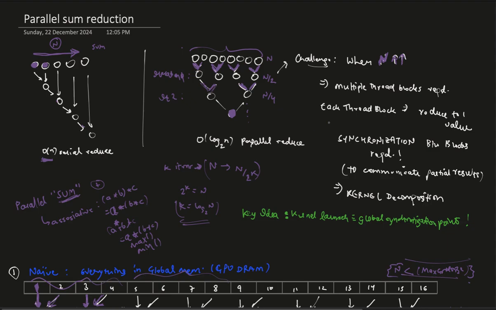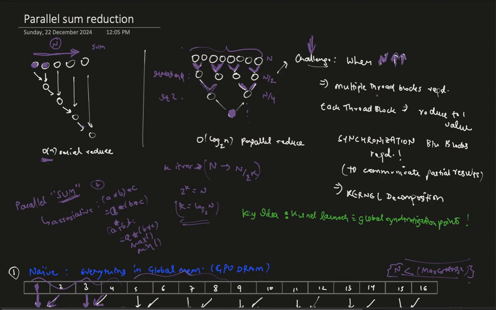So now let's go back to our discussion here. For parallel sum reduction, when n is greater than the grid size supported by the hardware, we need multiple thread blocks, and we can use them. The idea is we assign each thread block to reduce a certain subarray to one value.